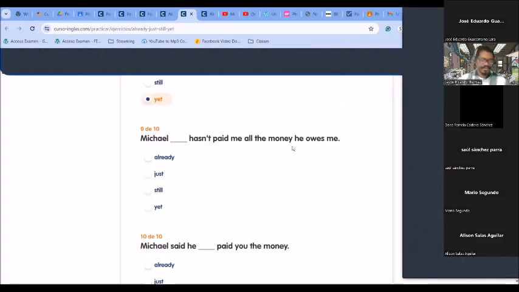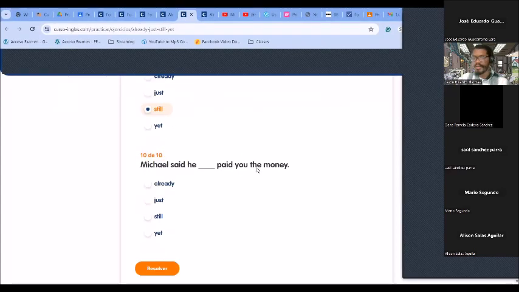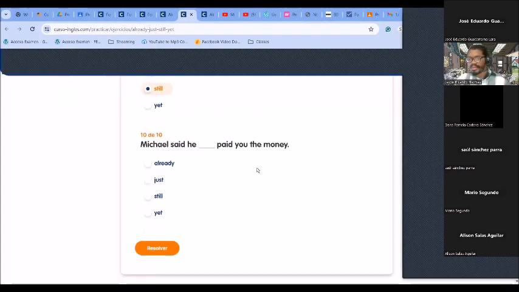Josue, number 9. Michael still hasn't paid me all the money he owes me. Good. Paulina and Paula. Michael said, oh, he already paid you the money. Good, exactly. Finished. All right.